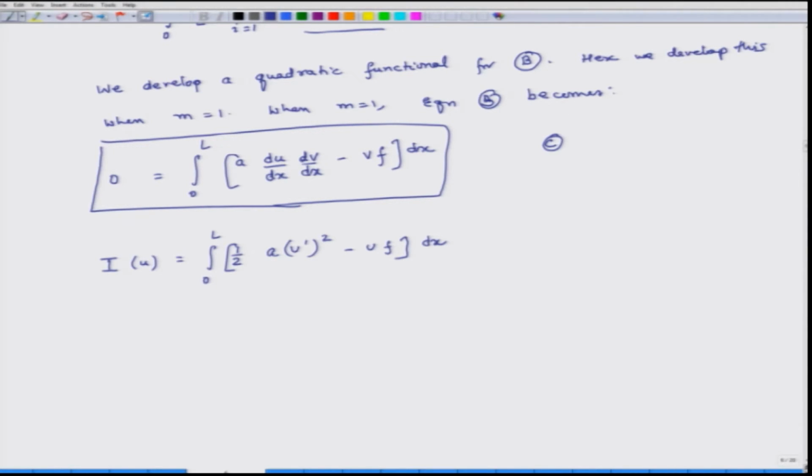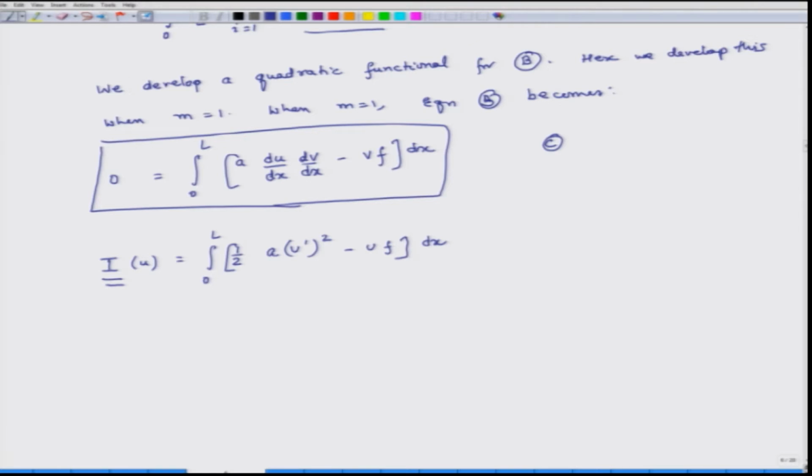We will see that this I, this quadratic functional, is related to equation C. We will develop that relationship.